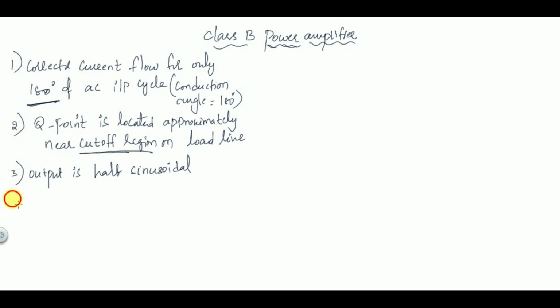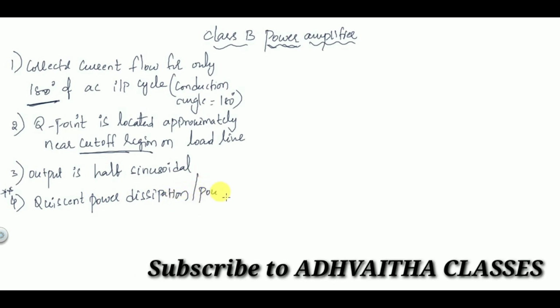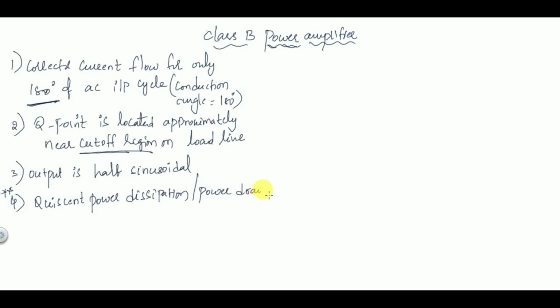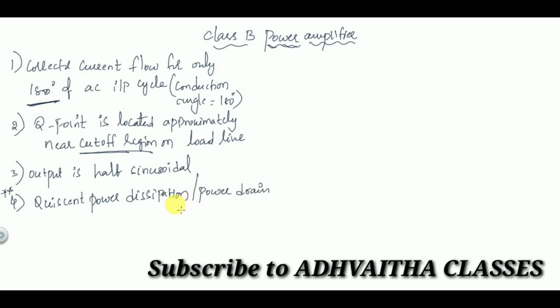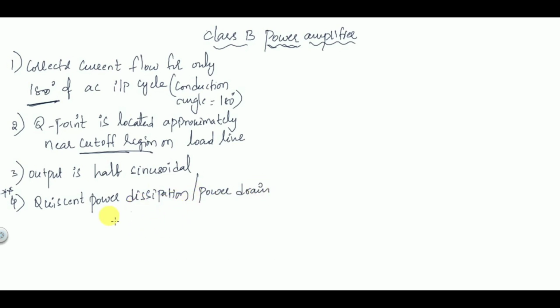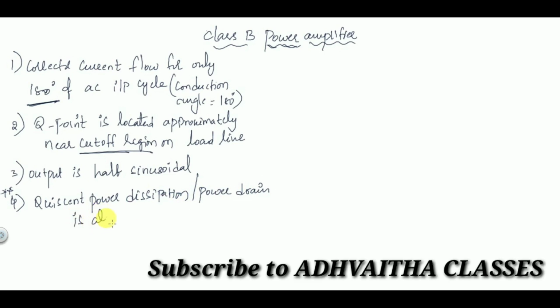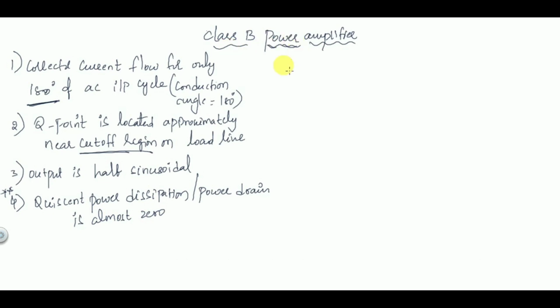Okay, so the fourth important point which you have to remember is a very important point: quiescent power dissipation, or we'll call that power drain. That means draining of power or absorption of power is almost zero in the case of class B power amplifier.